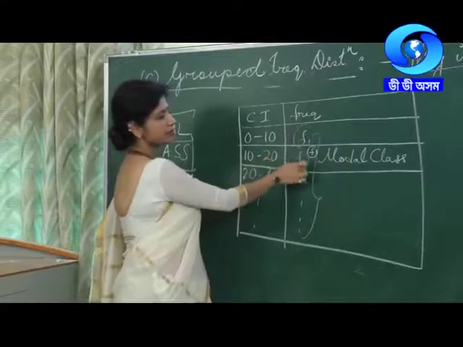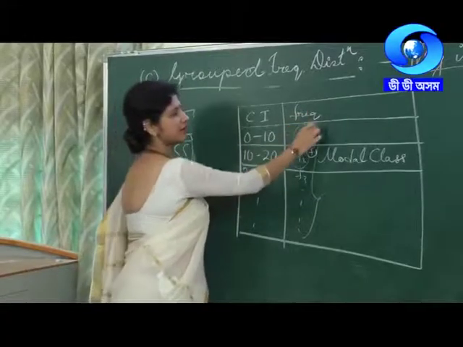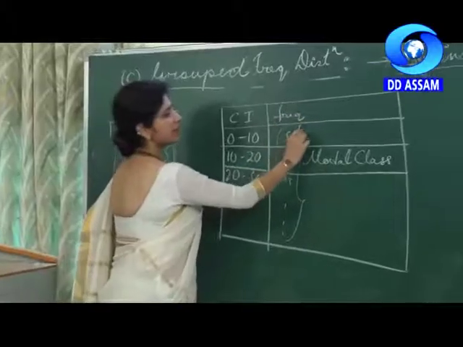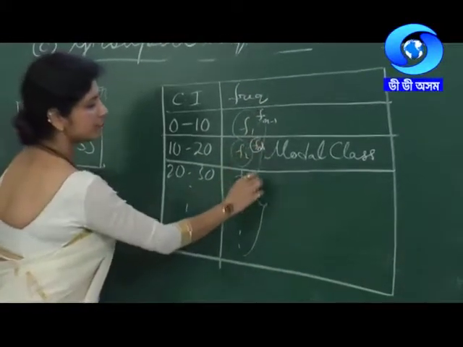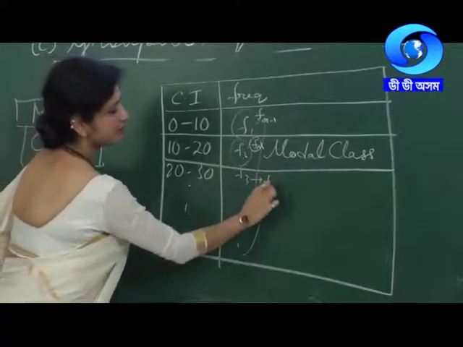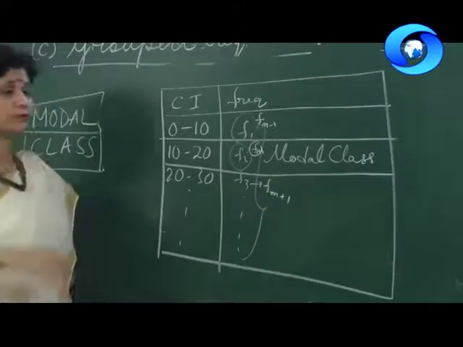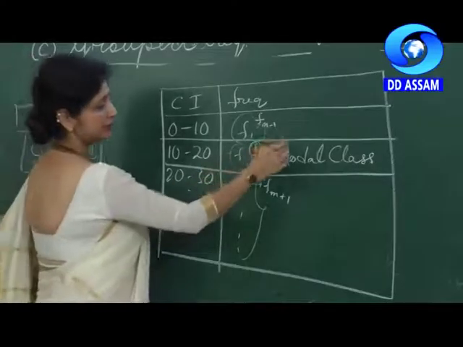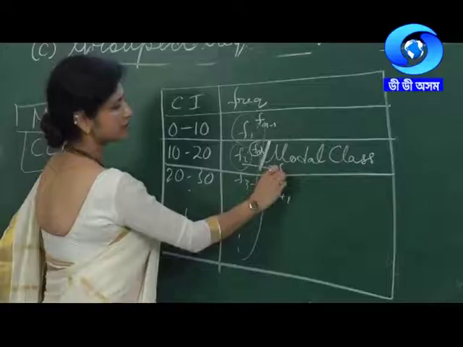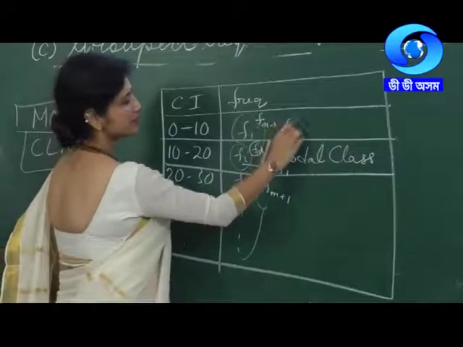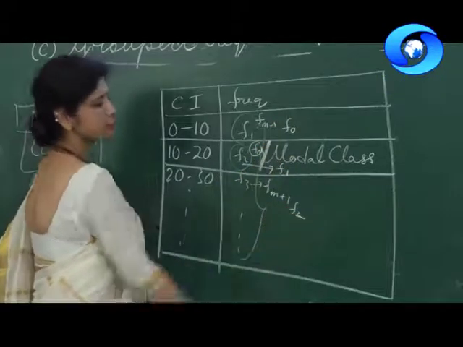This is the frequency of the class preceding the modal class, so this becomes your Fm minus 1. This is Fm, and this is Fm plus 1. Or if you use the other notations, this is f1, this is f0, and this is f2.